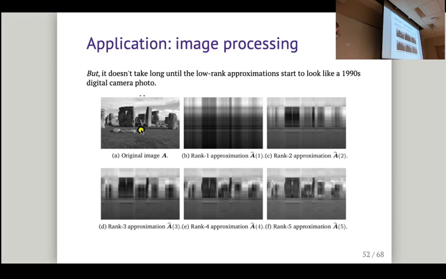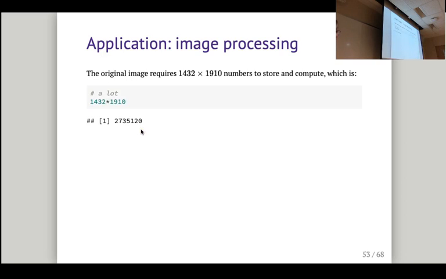Why would we want to do this? Well, here's why. That original image was a 1432 pixel by 1910 pixel image. So that requires about 2 million individual values to store.